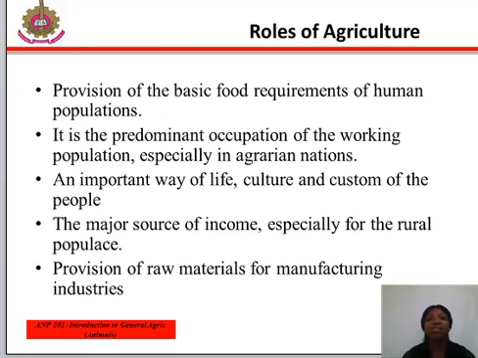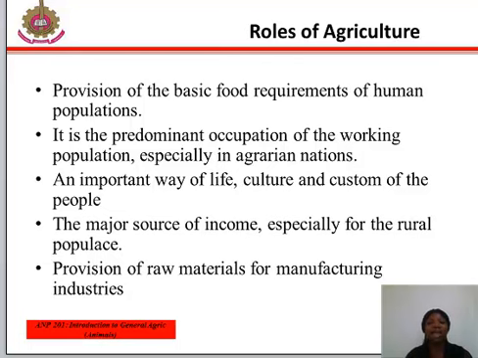Also, the following are the roles of agriculture to humans. The first one is the provision of the basic food requirements for the human population. The second is that it provides occupation for the working population, especially in the agrarian nations. The third is that it is an important way of life, culture, and custom to many people, like hunting on both agricultural and wild areas in the rural setting, serving as a major source of income, especially for the rural populace.